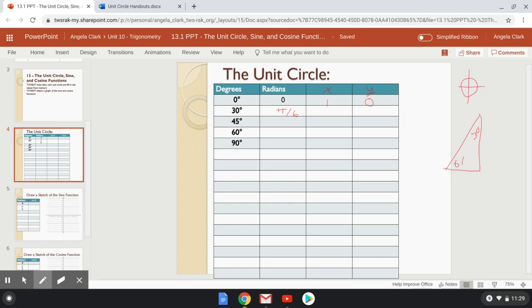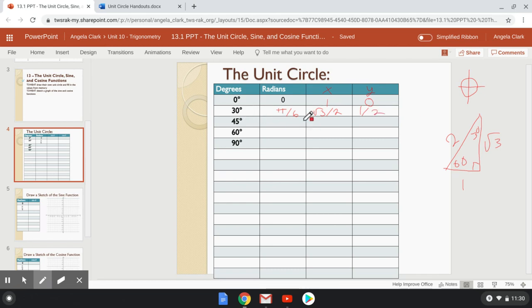This is our 60-degree angle. Here's our 90-degree angle. So it's 1, 2, square root of 3. All right, so our 30-degree angle is here. So cosine of 30 is going to be square root of 3 over 2. Sine of 30 is going to be 1 over 2.